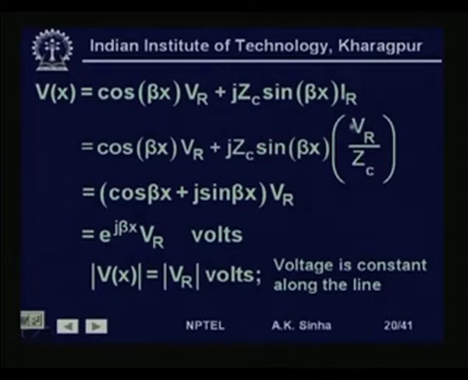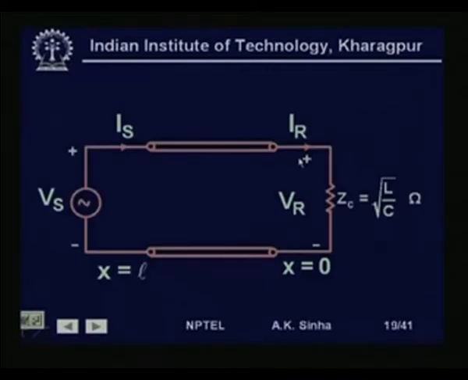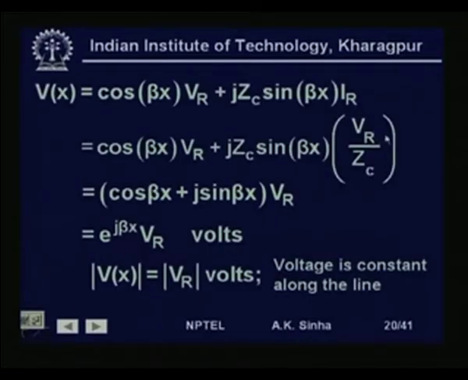Now, if you look at this circuit, Ir will be equal to Vr, the voltage at this point, divided by Zc, the impedance connected here. So, we replace this Ir by Vr by Zc. Therefore, we will get this as cos beta x plus j sin beta x into Vr. This Zc cancels out.